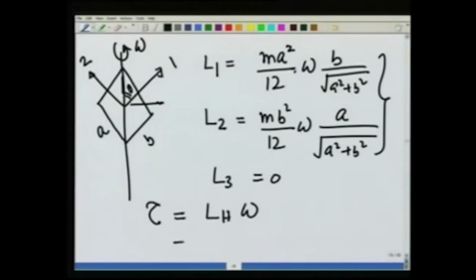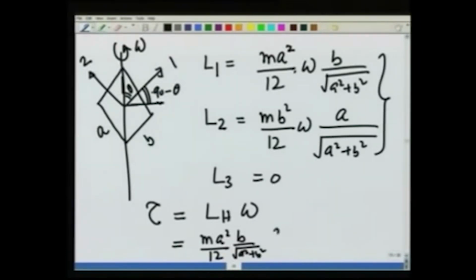So L horizontal is going to be L1 times cosine of this angle, which is really, this is 90 minus theta, so sine theta. So m a square over 12 b over square root of a square plus b square times sine of theta.